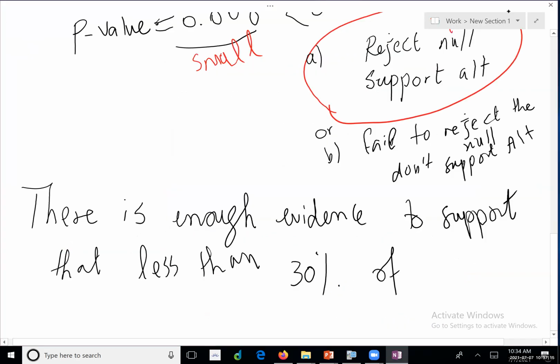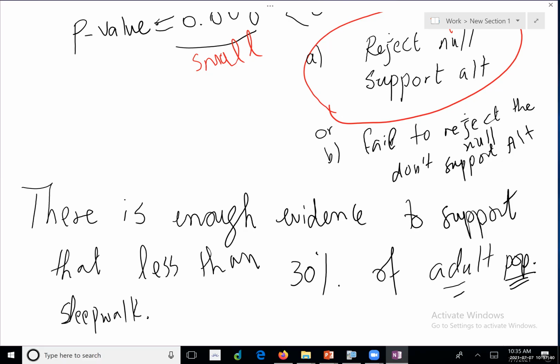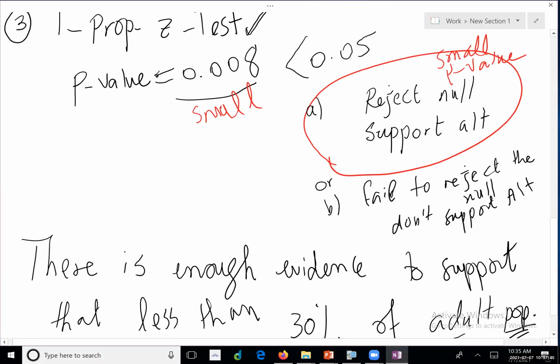So less than 30% of adult population. You started from the sample, now you're writing a conclusion about the population, adult population sleepwalk. Does that make sense? I hope yes. Any question? If p-value was large, then you would have picked fail to reject the null and do not support alt, and then you would say there is not enough evidence to support.